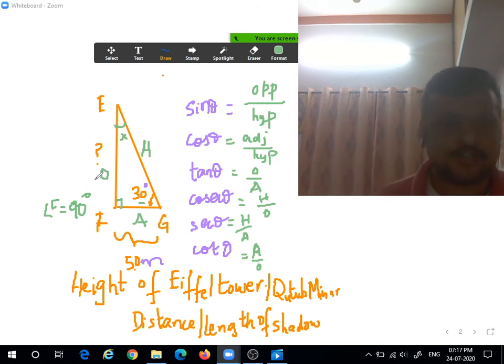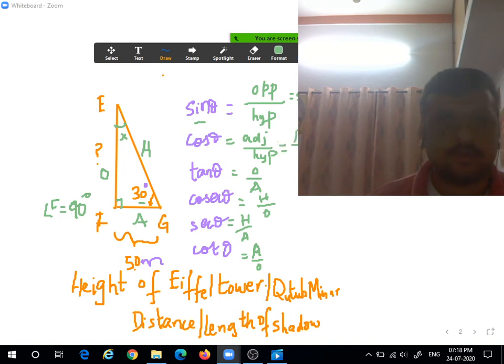Then we'll try to substitute here. Sine 30 will be O by H, but H we don't know, so we cannot use this relation, students. Then we have to go with the next, adjacent.